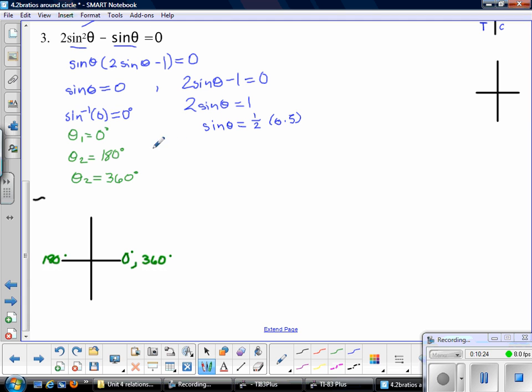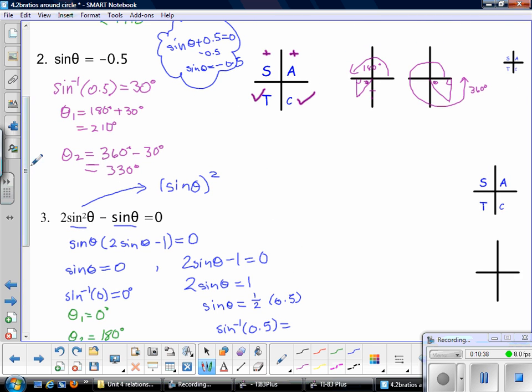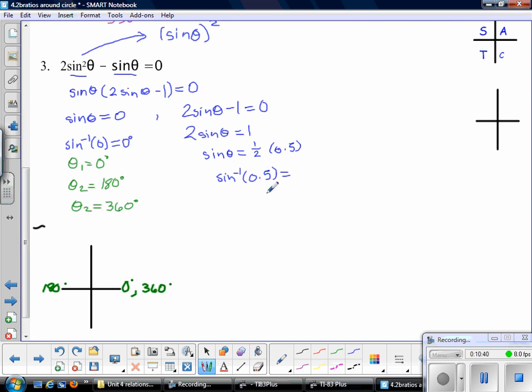So what that means is we would take our calculator and do the sine inverse of 0.5, and we would discover, because we've already done this one, it is located at 30 degrees. There it is there. Now, where is sine positive?